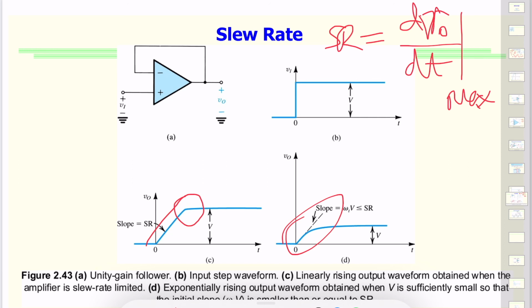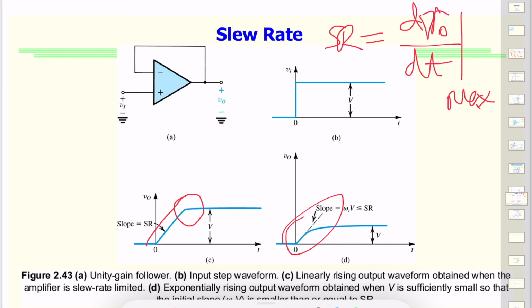So we need to know the slew rate so we don't lose important information in our signal. If this happens, we call the output slew rate limited. And there are specific ways we can calculate that.